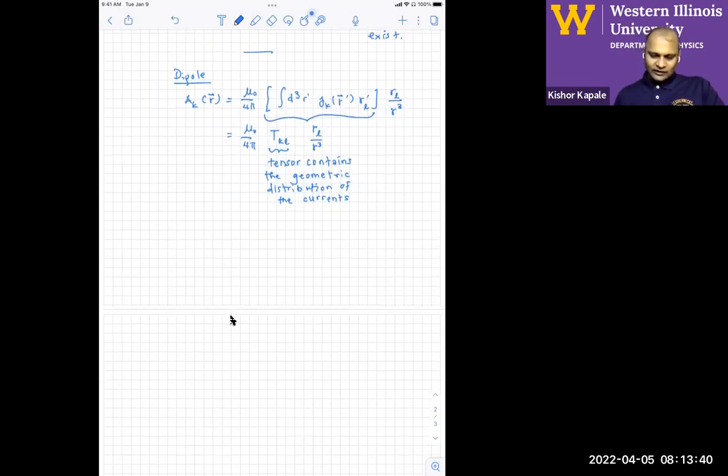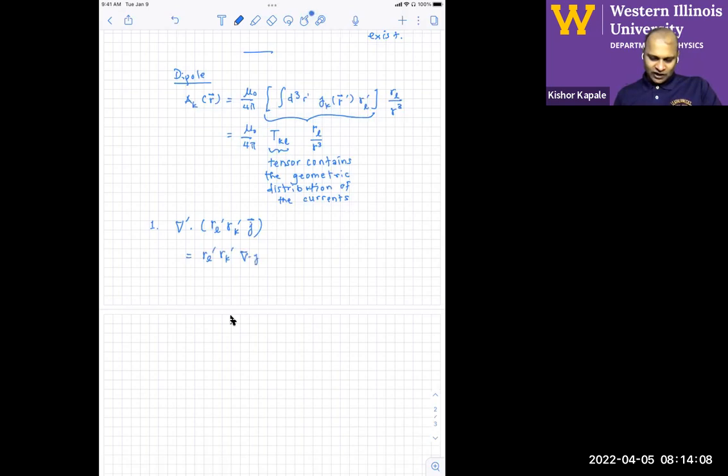And so we started looking at a couple of intermediate calculations. For example, we had started looking at the divergence of r_l prime, r_k prime, J, this type of quantity. So I'm just taking two of them common.